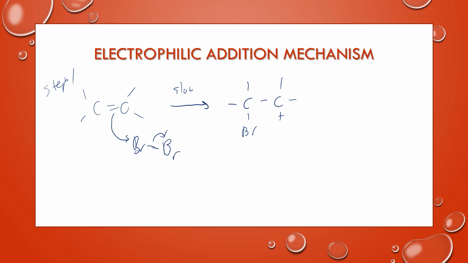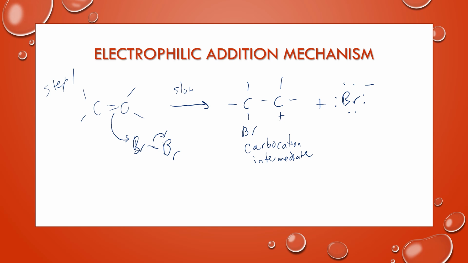So we formed a carbocation intermediate. You also have this bromide really, because it got both of the electrons when the Br-Br bond broke. Okay, so that's your first step.